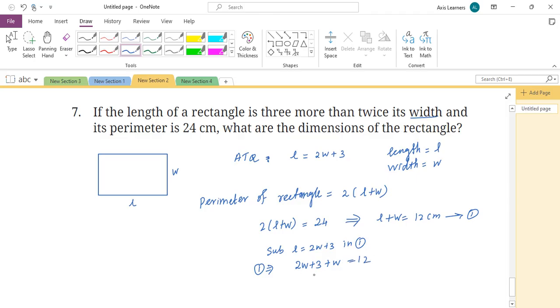If you add it, what will come? 3W plus 3 is equal to 12. I will do the remaining calculation here. 3W is equal to 12 minus 3, 9. W is equal to 3 centimeter.